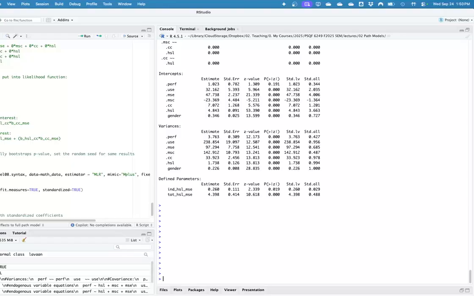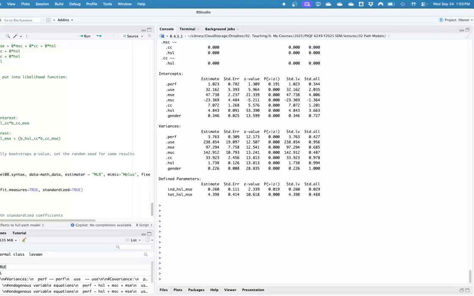So the total impact of high school courses on math self-efficacy is 4.398 points. Of that, 0.26 is the indirect effect through CC. That p-value, again, is close to 0, so that is a significant effect. And again, the standardized coefficient, we'd say the same thing. For every 1 standard deviation increase in HSL, MSE goes up 0.488 standard deviations in total. Right? How are we doing?